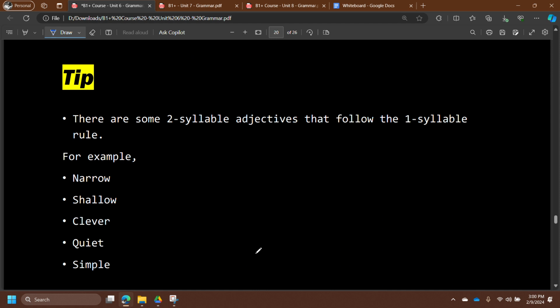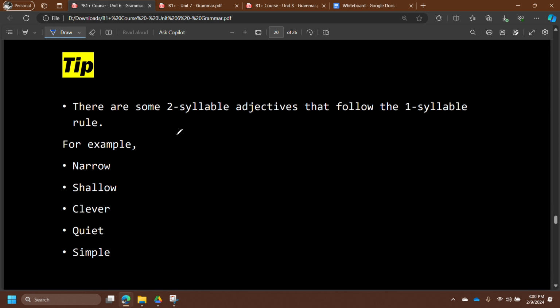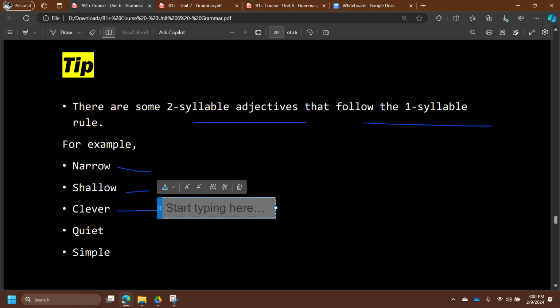And a tip now for you guys, there are some two-syllable adjectives that follow the first syllable rule as well. For example, narrow doesn't actually become more narrow. You say narrower, shallow, shallower, clever, cleverer, but still we have some people that actually say it as more clever.